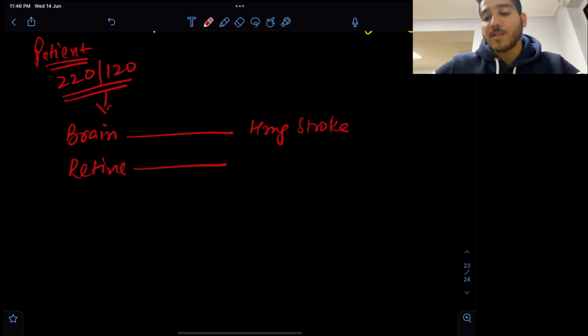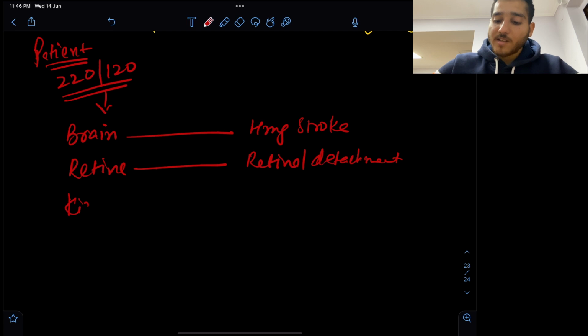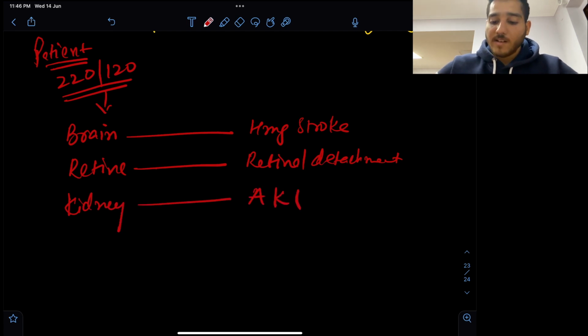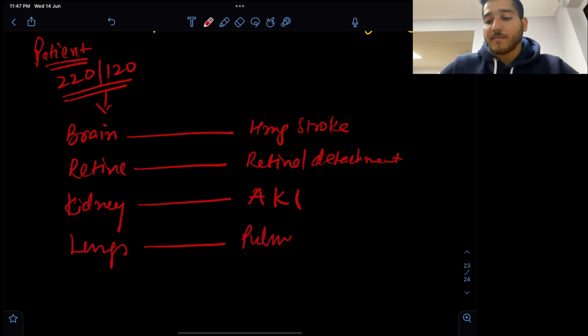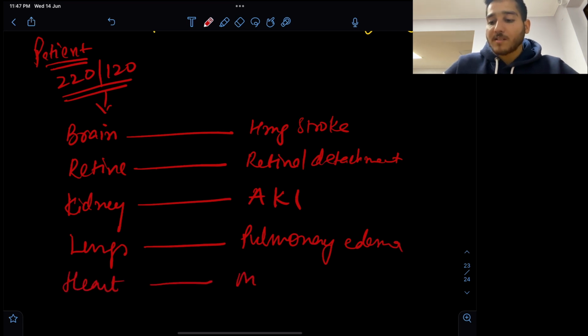If there is some complication, there can be retinal detachment because of hypertension. What can be the complication in kidney? There can be acute kidney injury. In lungs, there can be pulmonary edema. In heart, there can be myocardial infarction. Right. So these are the end organs.